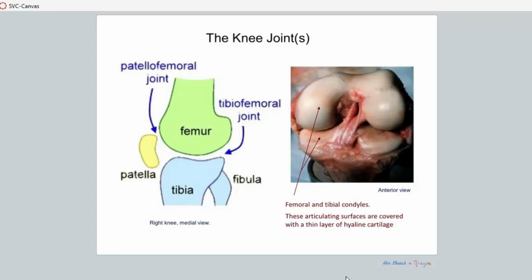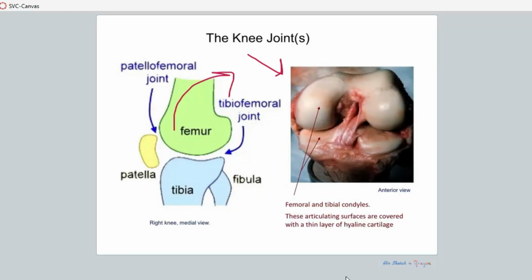Okay, and now I want to take a look at the knee joint to kind of describe some of these last characteristics of synovial joints. So you guys are familiar with this. Here's the femur, here's the tibia, and that's what forms our knee joint, but we also have the patella out here as well. So basically what we're looking at in this picture is they're pulling back the femur.